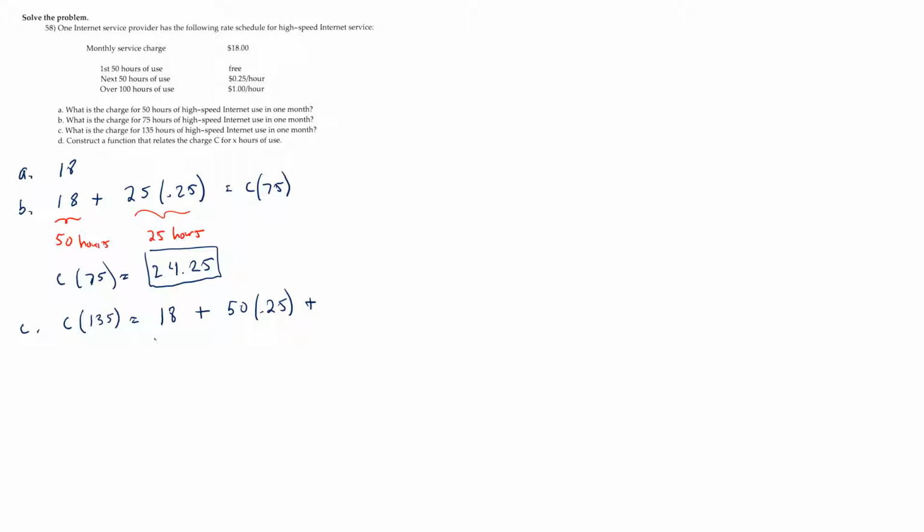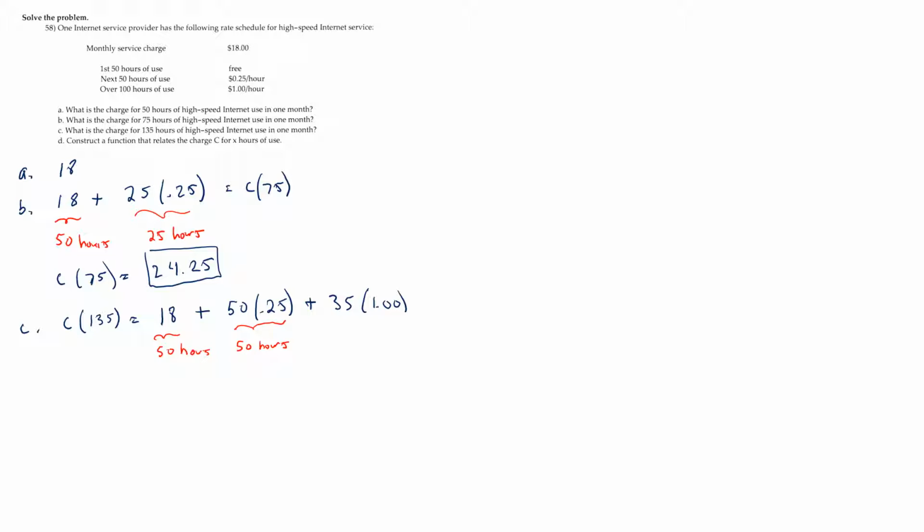Again, the 18 is for the first 50 hours, and then this expression represents what I have to pay for the next 50 hours. Notice that brings me up to 100 hours of internet use. And for the final 35 hours, I have to pay $1 an hour. So I only have to pay $1 an hour for the hours that are past 100.